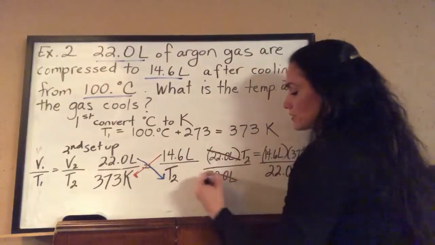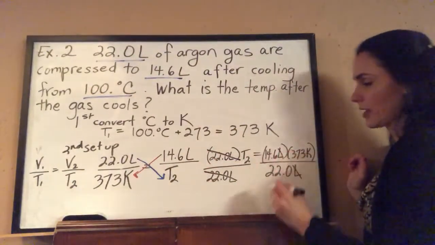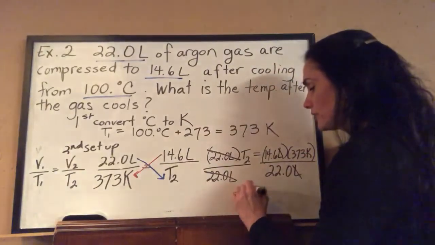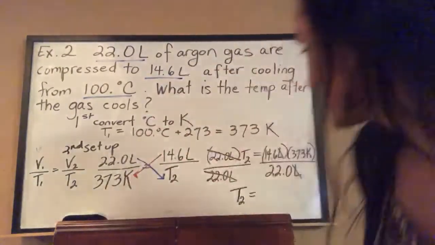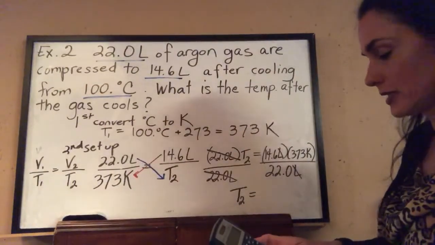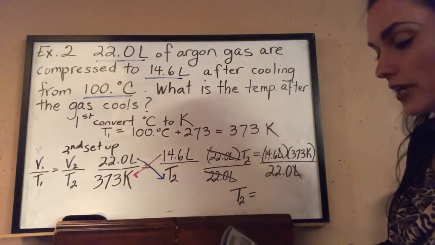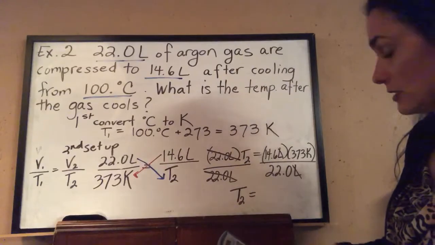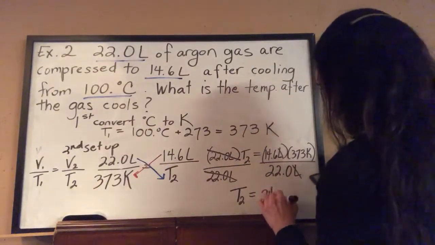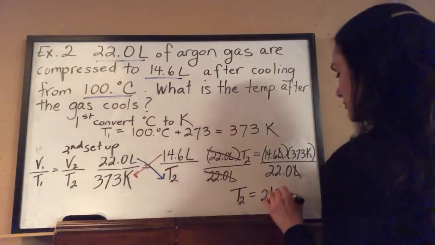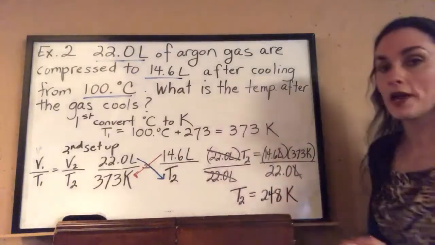Okay, so liters cancel out, and now we have T2 that we can solve for. So 14.6 times 373 divided by 22 will give us 248, if we round to 3 significant figures, Kelvin.